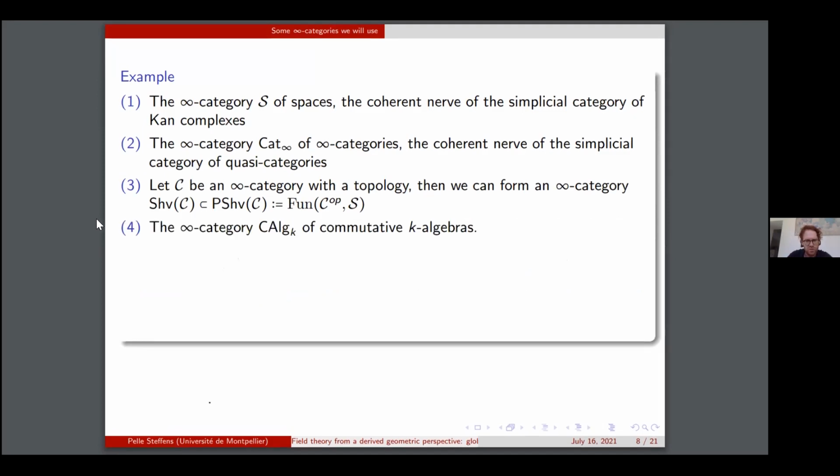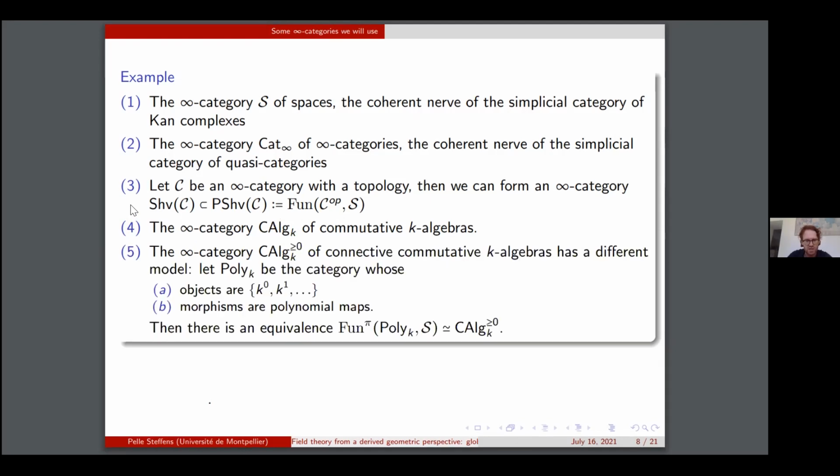If you take, say, E-infinity algebra objects in K-modules, for K some commutative ring, there's a category of unbounded commutative K-algebras, and its connective part has an interesting model that will be very useful later. So I will quickly explain it now.